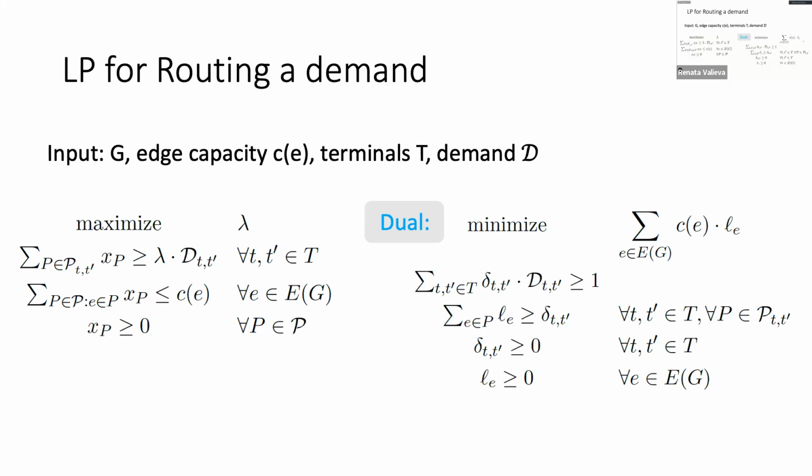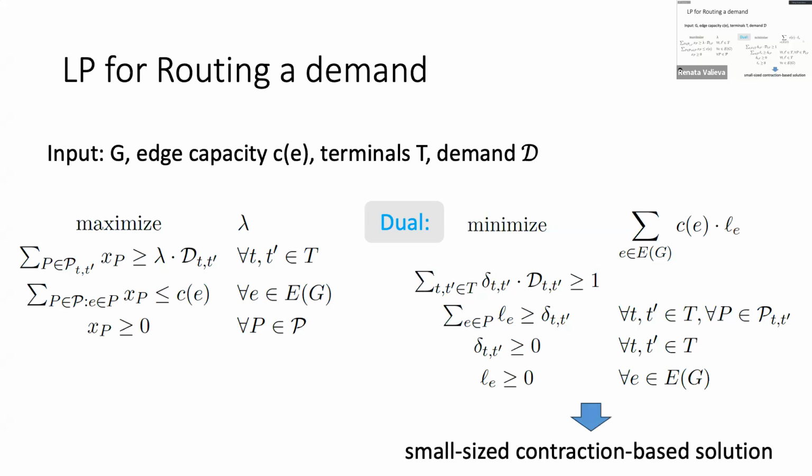But what we will do next is take this LP, solve it, and run the solution to a small-size contraction-based one, for both sides. So basically, we only write the primal, take the dual, and then forget about the primal. We look at the dual and then show how to get a small-size solution.